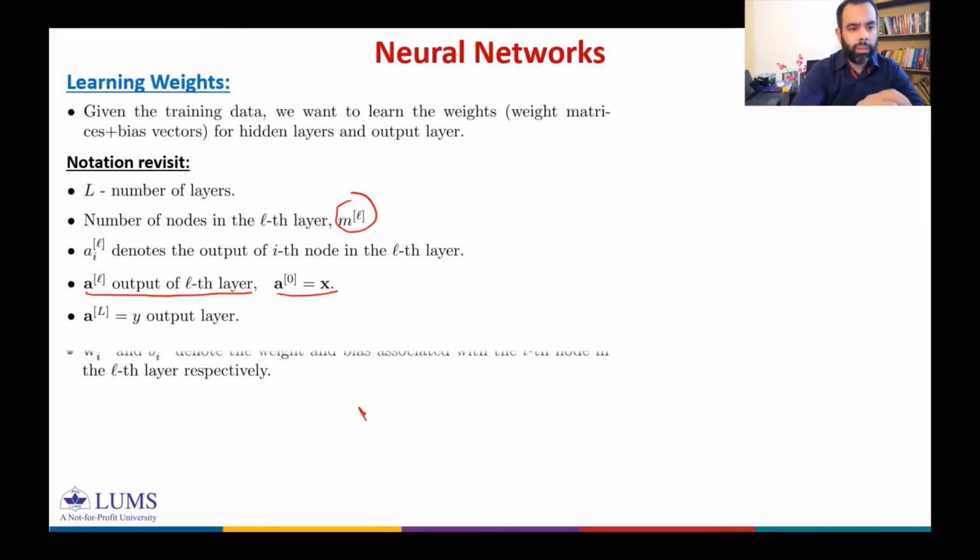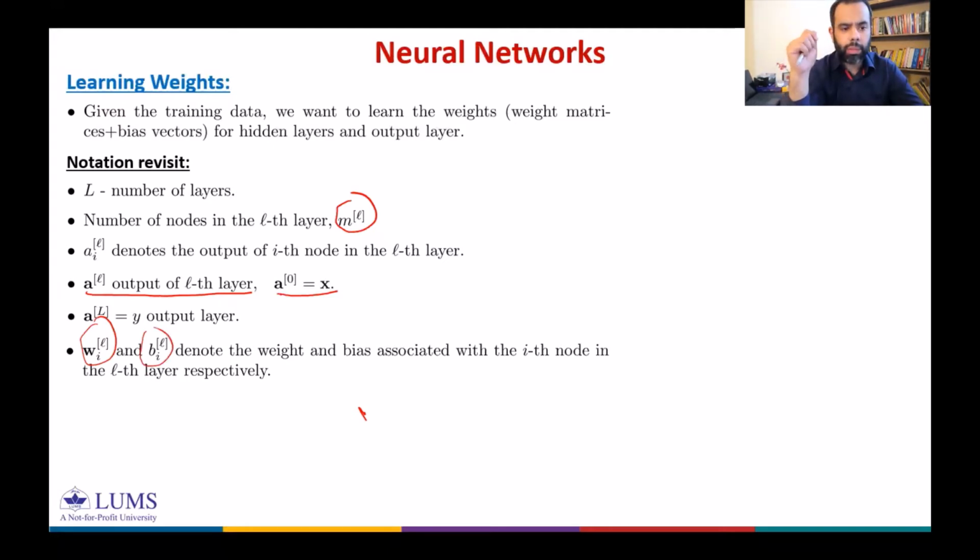So if we talk about the weight vectors and biases for each node, we use W subscript i superscript [l], the same notation. So this is the weight vector that is associated with the ith node in the lth layer. Similarly, b subscript i superscript [l], the bias for the ith node in the lth layer.